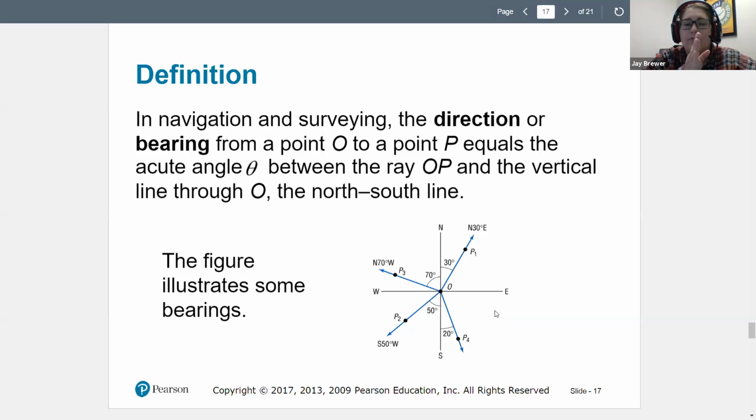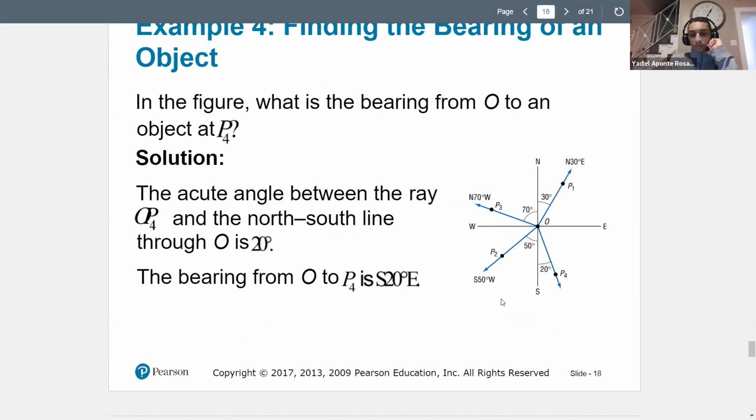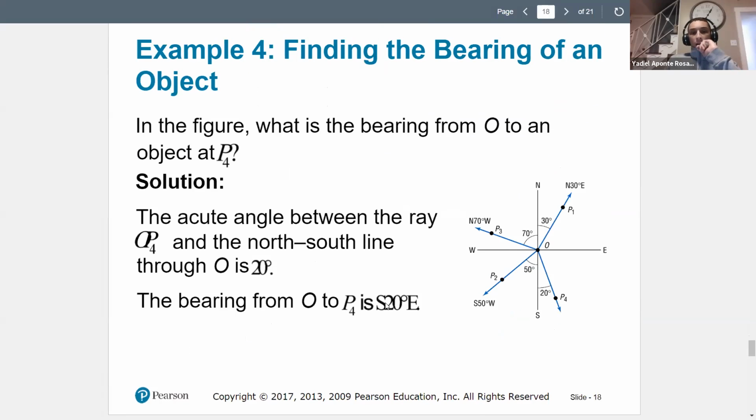So 20 degrees from the south, where is it heading? East. Okay, so that's how you finish that one out. You have to do S for south, 20 degrees to the east. So that's how you finish out this bearing system mapping.